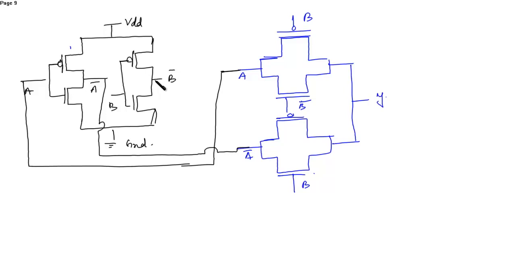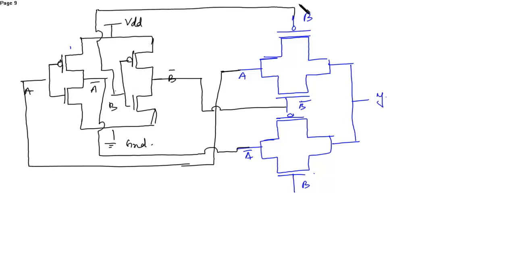Then B bar can be directly connected to here, and B here. Then from here.